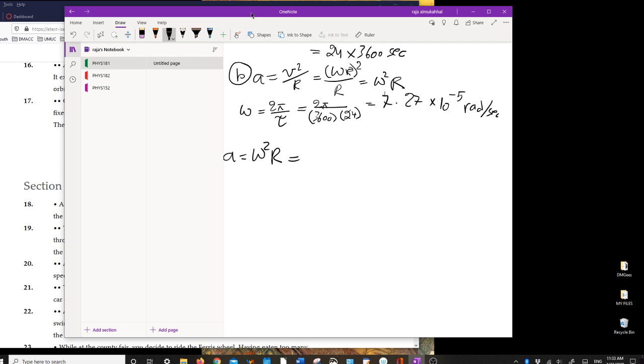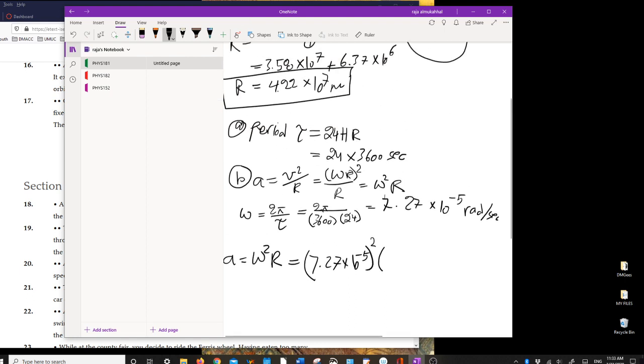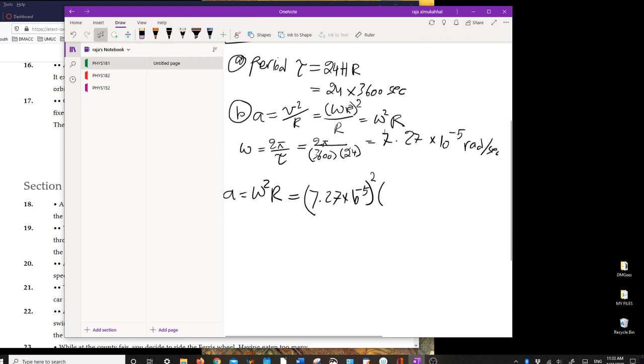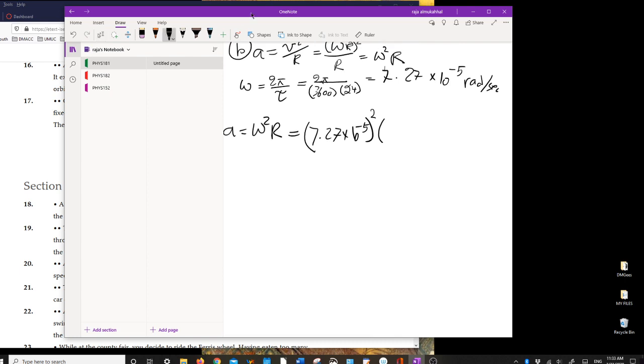So that will be this number, 7.27 times 10 to the -5, squared, multiplied by the radius, which we got to be equal to, there it is, 4.22 times 10 to the 7. When we calculate this acceleration, it turned out to be 0.223 meters per second squared.